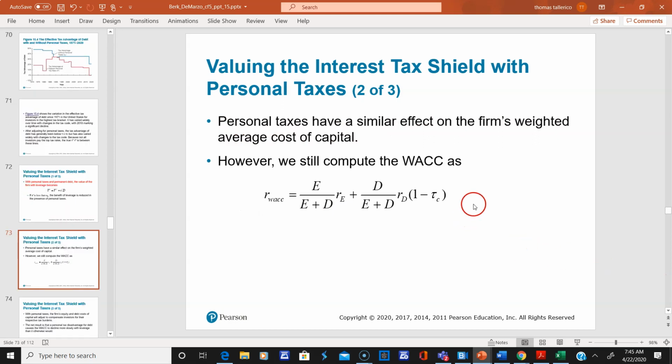So personal taxes have a similar effect on the weighted average cost of capital. Here's the equation for the weighted average cost of capital for the company. Here's the corporate tax rate, and here's the cost of equity and the cost of debt.